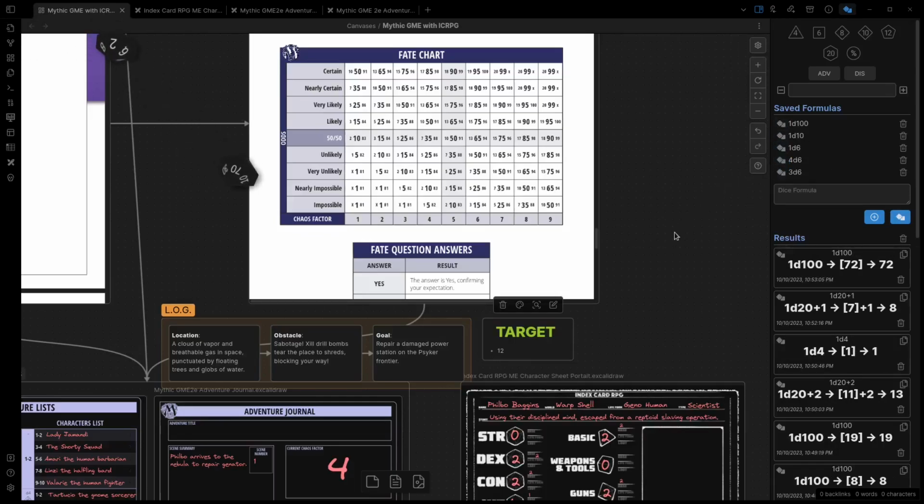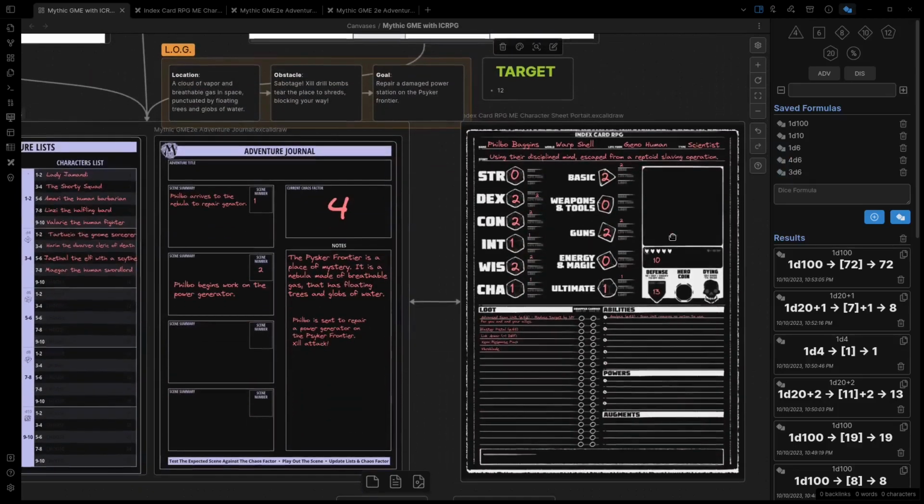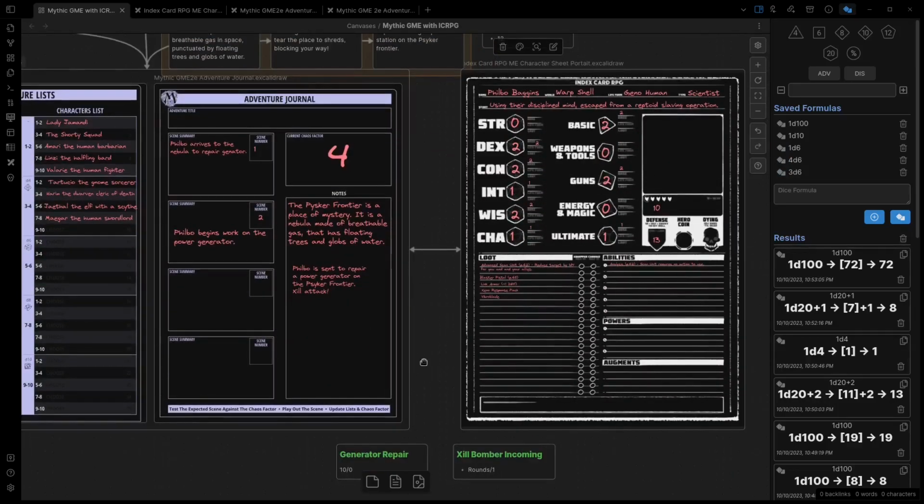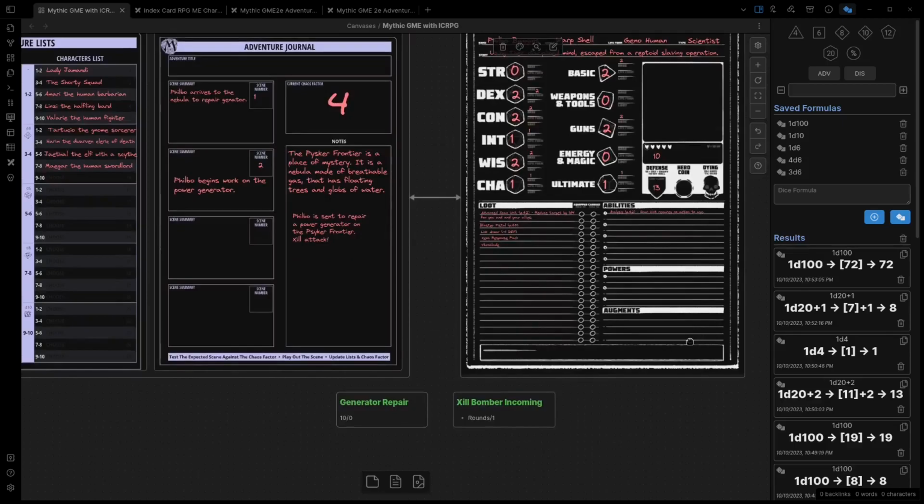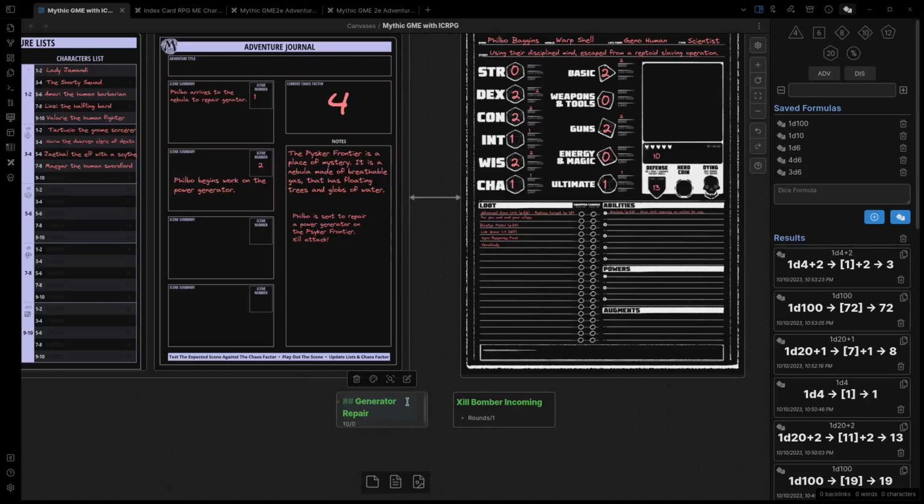Of course he doesn't have tools, so he's doing it by hand, which is actually in his favor because he's got a +2 to his d4. So we're going to roll d4 +2. Oof, kitten roll. All right, so he's made 3 progress. 3 progress out of 10.